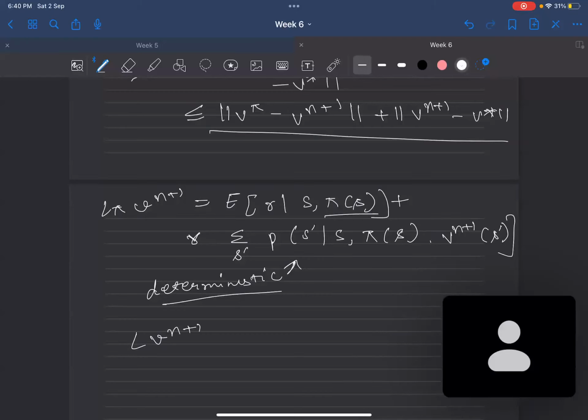Now, can someone explain how these are equal?